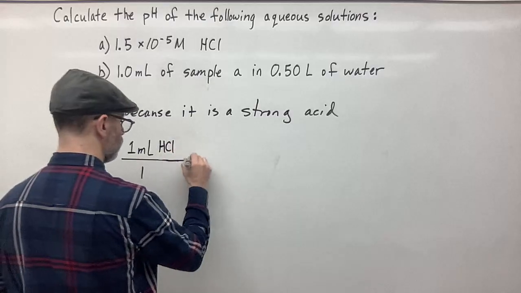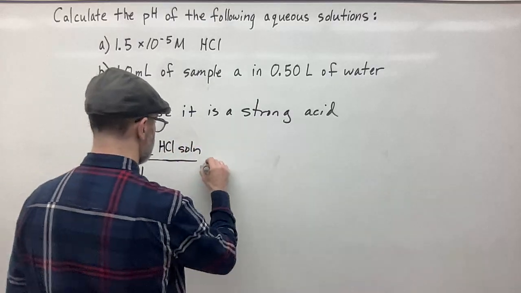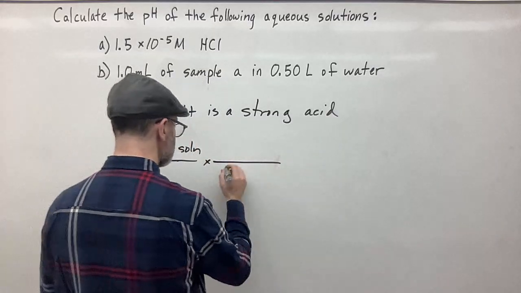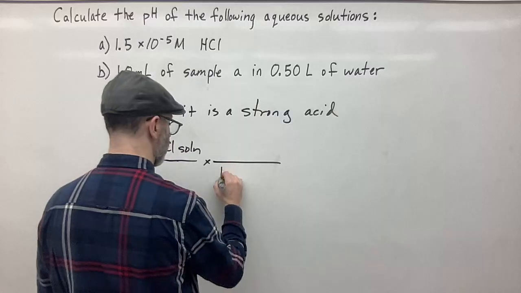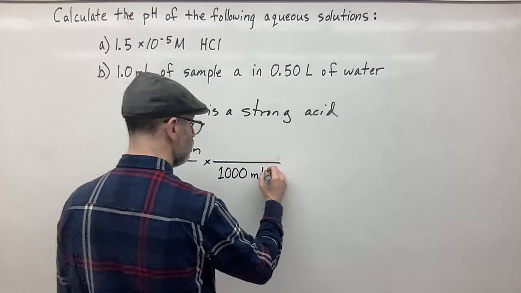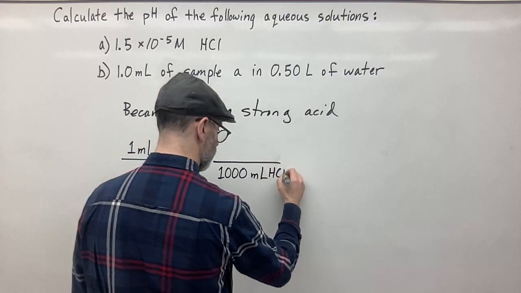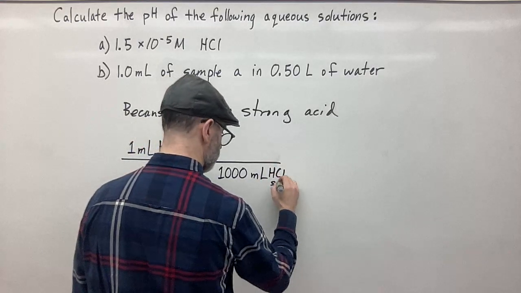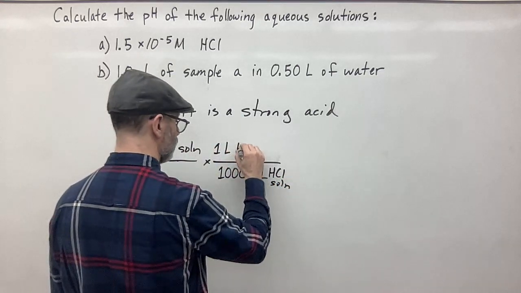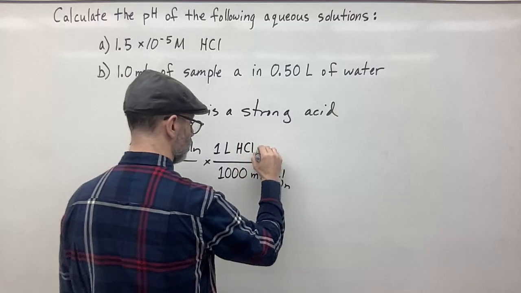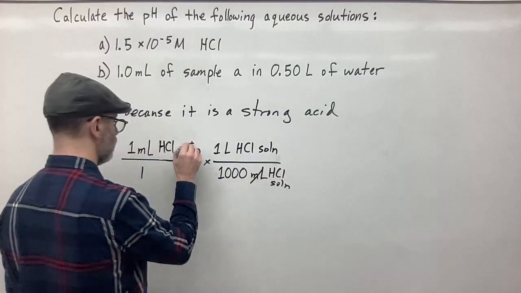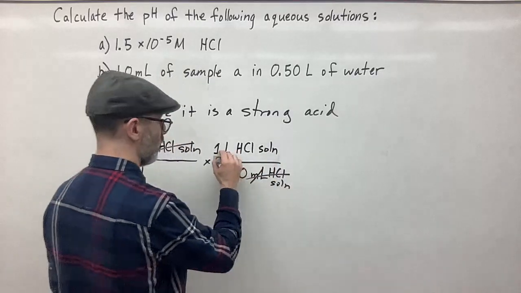In order to use molarity, we have to convert this to liters. So we know that there are 1,000 milliliters of HCl solution equal to 1 liter of the HCl solution. So milliliters cancels out, and then we have liters.